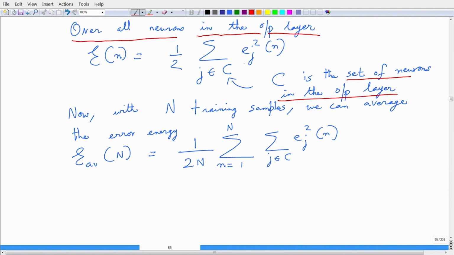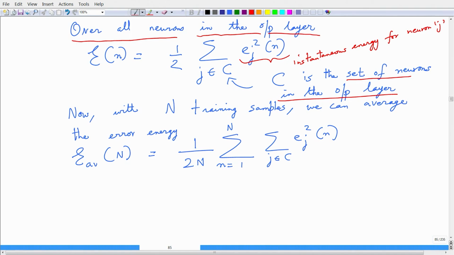You have the instantaneous energy for neuron j, and if you sum this over all the neurons in the output layer, we get the sum total of the error energy, and this is given by this quantity.